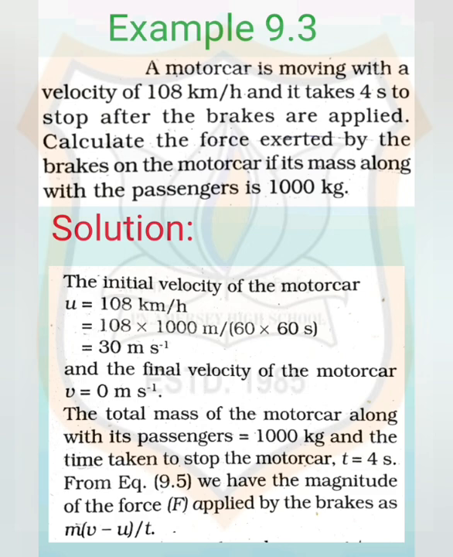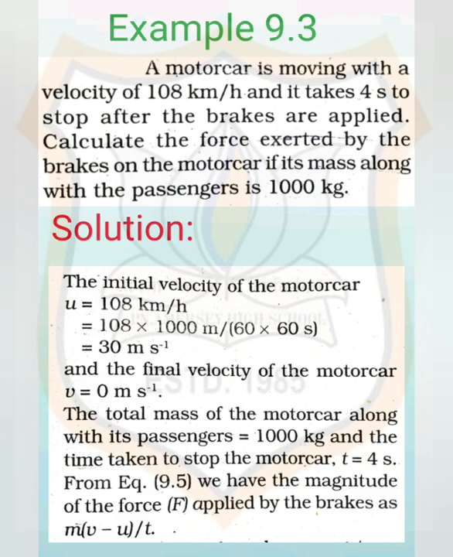On solving this, 108 into 1000 divided by 3600 will give you 30 meter per second as the initial velocity. Now we know that it takes 4 seconds to stop after the brakes are applied.